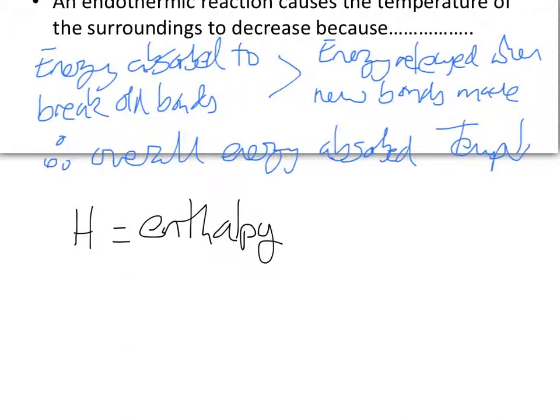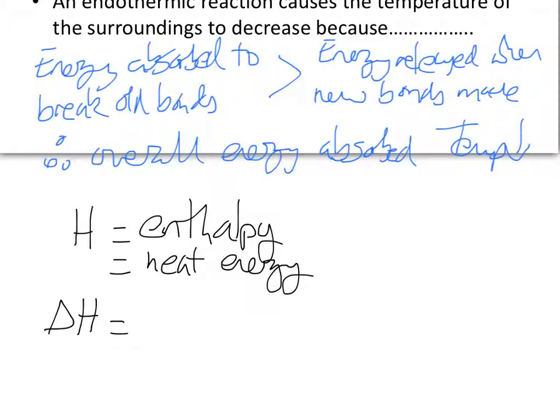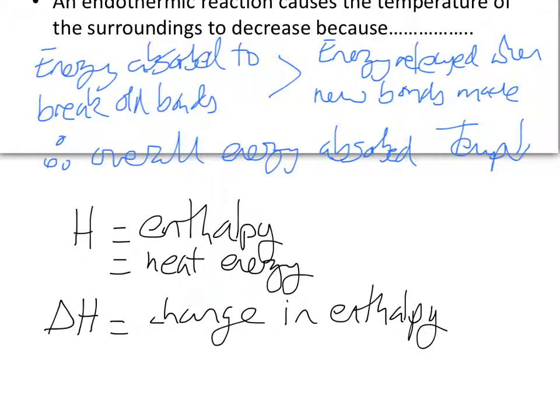And enthalpy is just a very posh word for heat energy. So whenever you hear a chemist refer to enthalpy, what they're actually talking about is heat energy. And if you see the symbol delta H, delta often means change, so that just means change in enthalpy, or the change in heat energy.